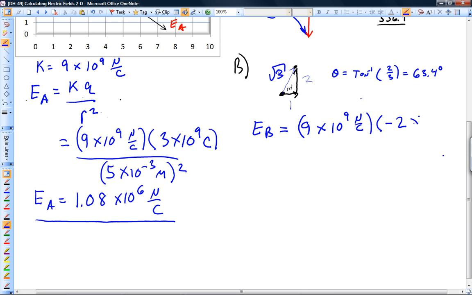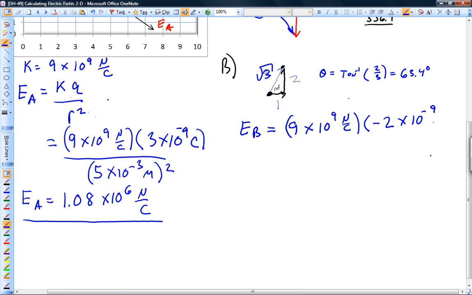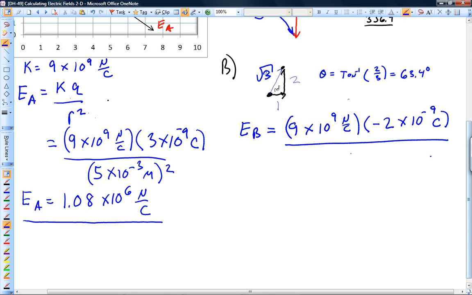The minus just means that it's attractive. So that's -2 times 10 to the -9, oops, this was supposed to be -9. Did everybody catch that? That was -9 because it was nanocoulombs. Coulombs over a distance that is square root of 3 times 10 to the -3 meters squared.